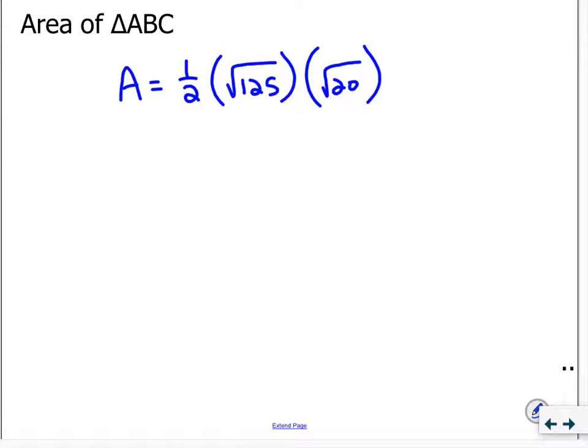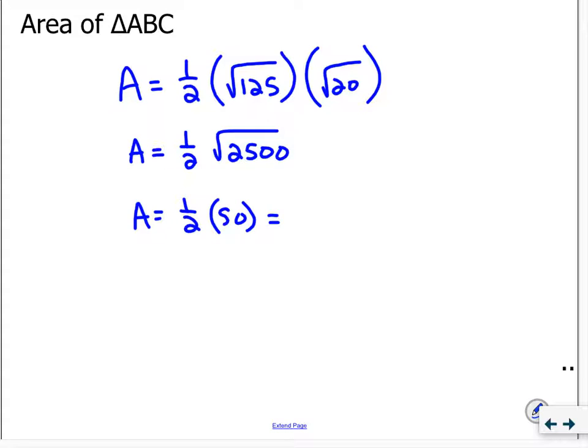And if I can multiply my radicals together, I multiply the 125 by 20, and 125 times 2 is 250. So times 20 is going to be 2,500. Ooh, that's nice, because I know what the square root of 2,500 is. The square root of 2,500 is 50. So the area of this is going to be 1/2 of 50, or 25. Nice. Whew, a lot of work.